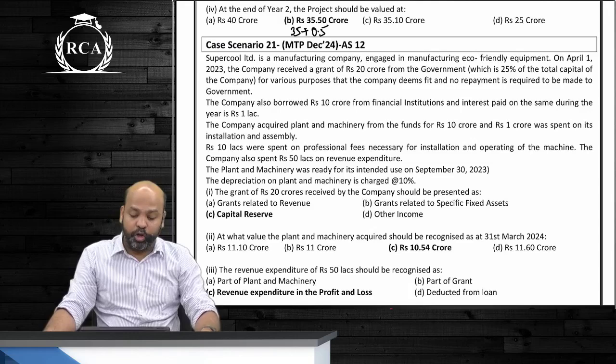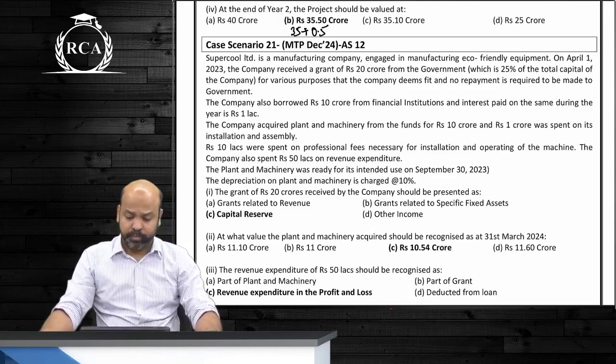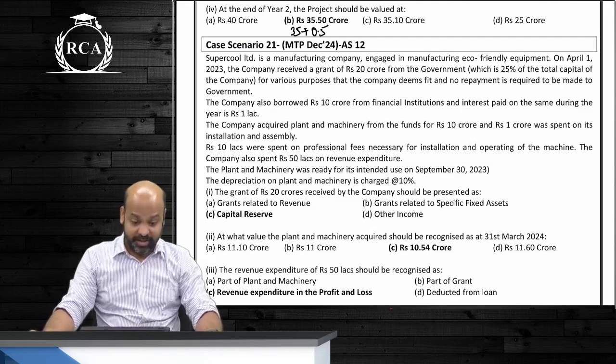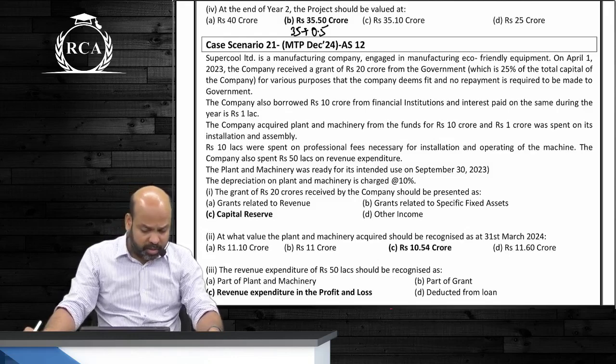The company also borrowed 10 crores from a financial institution and the interest paid on the same during the year is 1 lakh. Let's ignore it, guys. We'll see. The company acquired plant and machinery from the funds for rupees 10 crores, and 1 crore was spent on its installation and assembly.